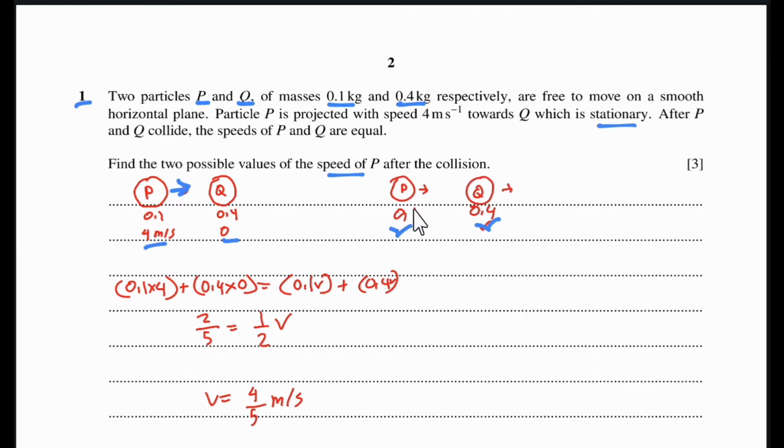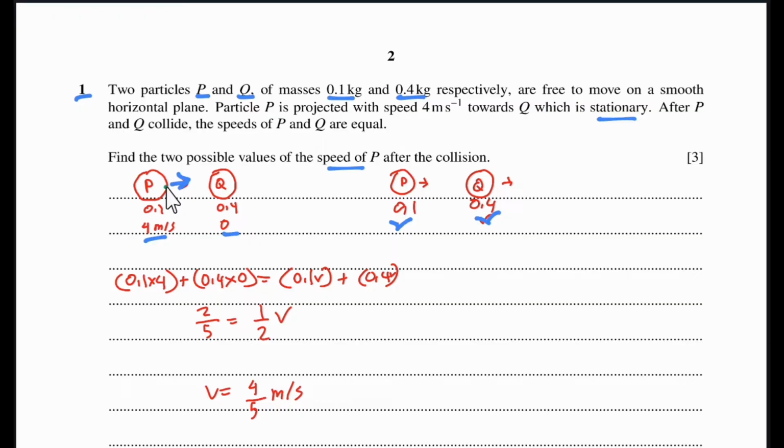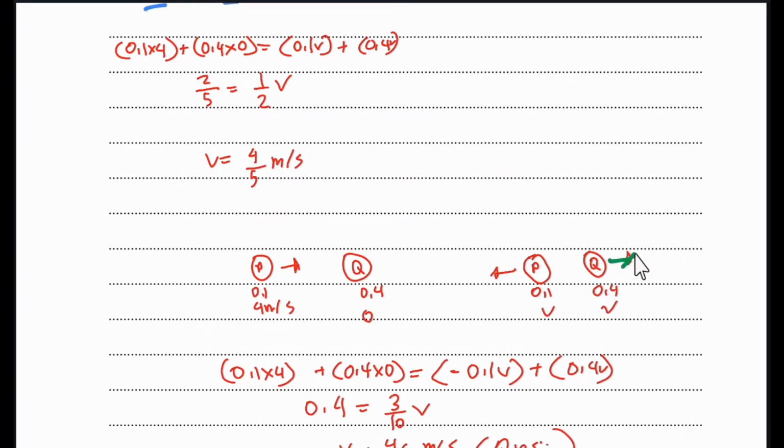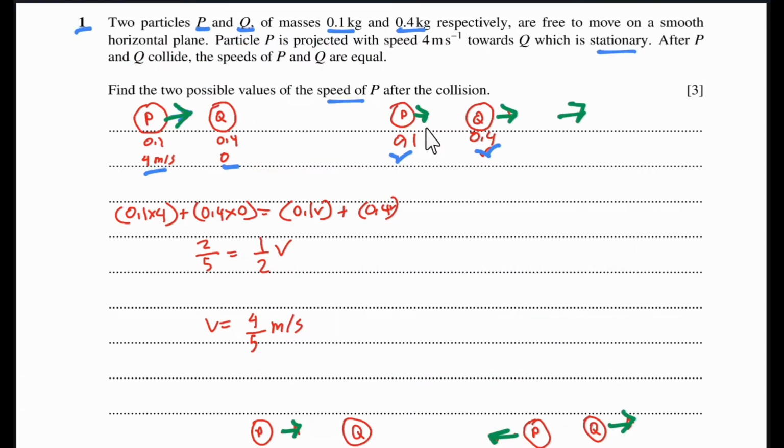To find the speed, since only P is moving towards Q, the first case is that both are moving in the same direction, or Q is moving in the initial direction of P and P is moving in the backwards direction. For the first case, since both are moving in the same direction, that is the positive direction, none of the velocities is negative, and we equate the momentum before collision to the momentum after collision, where momentum is mass into velocity.